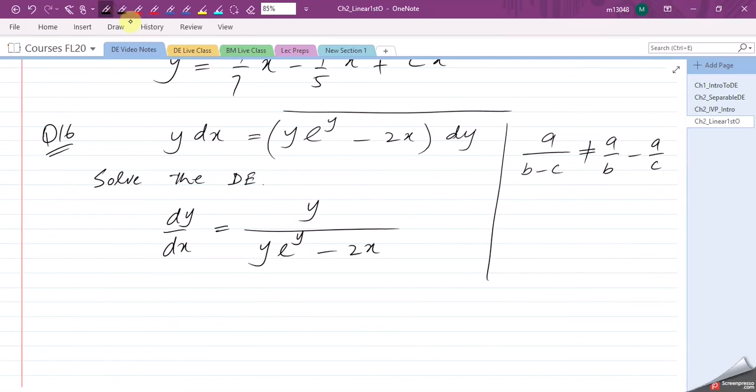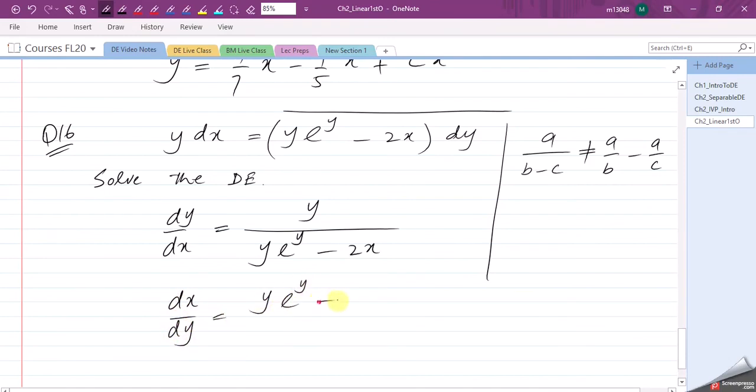How about if we flip the equation and write dx over dy? How will that work out if we have this thing over y? Now we have x as a function of y.